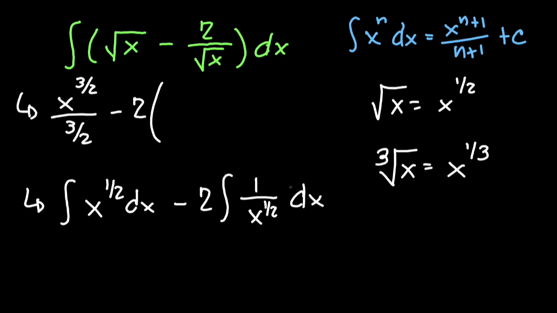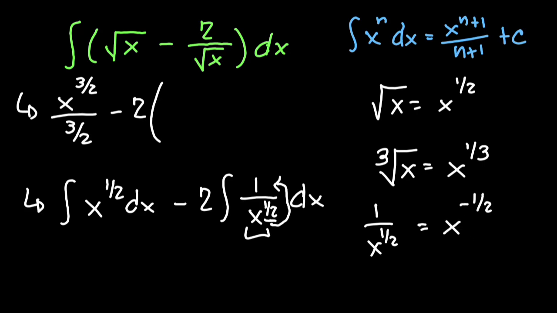If you encounter something like this, you would want to bring this value of a denominator into its numerator, but by doing that, its exponent sign will change. So since this is a positive exponent, this would be equal to a negative exponent.